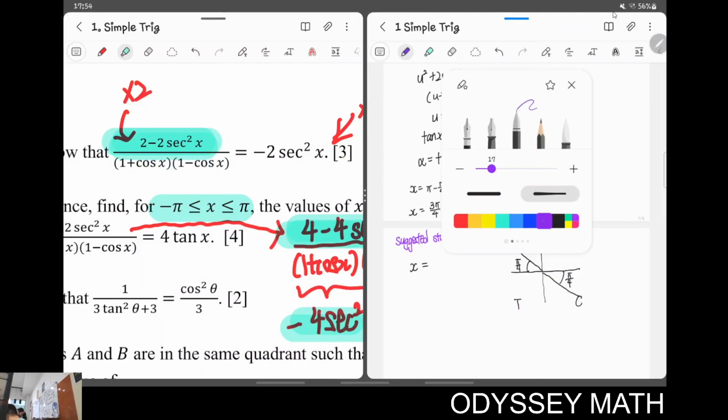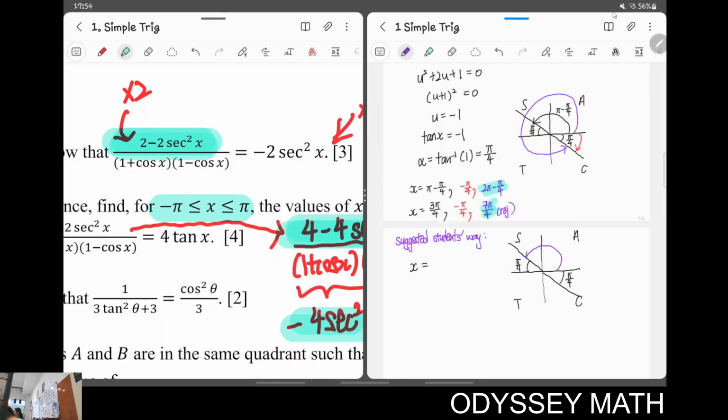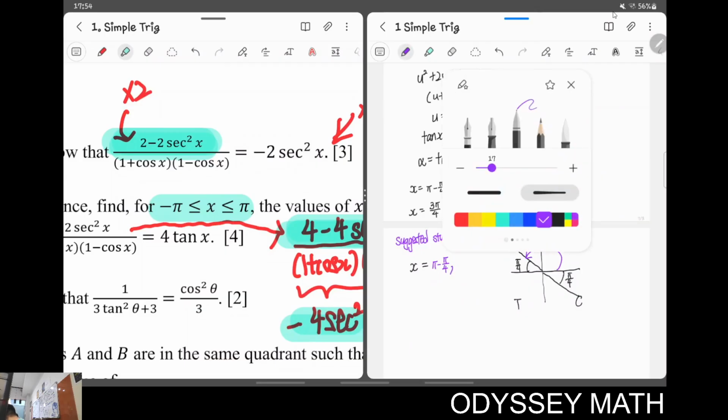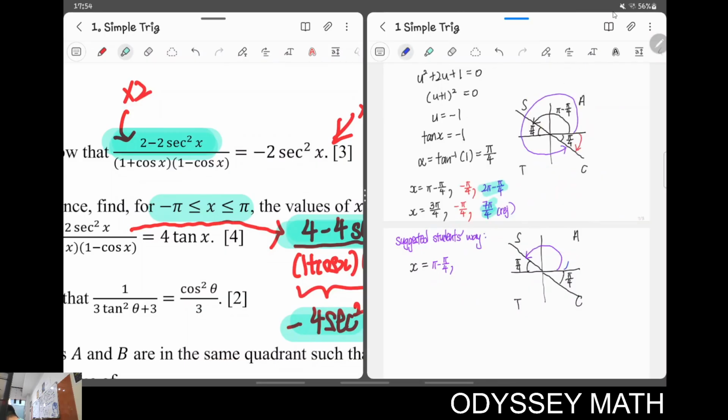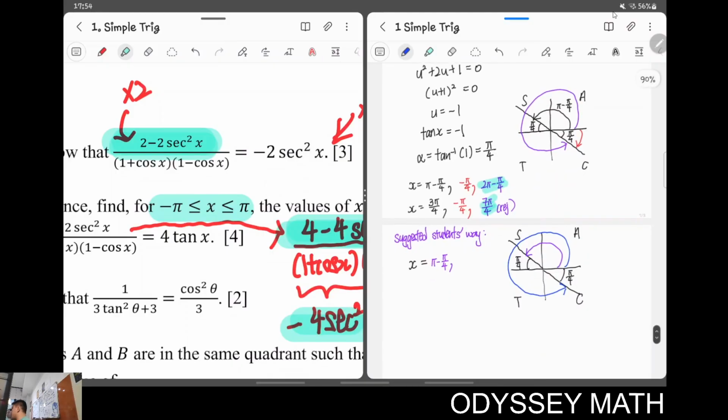So the first angle will be pi minus pi over 4. The second angle would be 2 pi minus pi over 4, because this is what most students will do, I realized over the years.